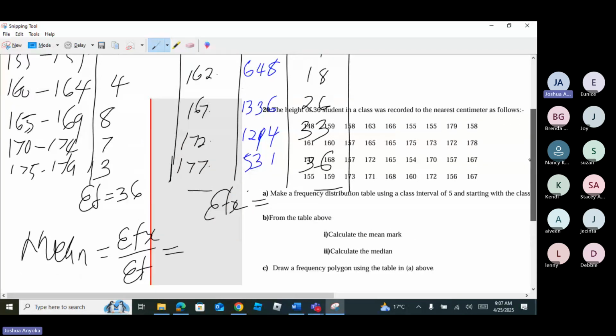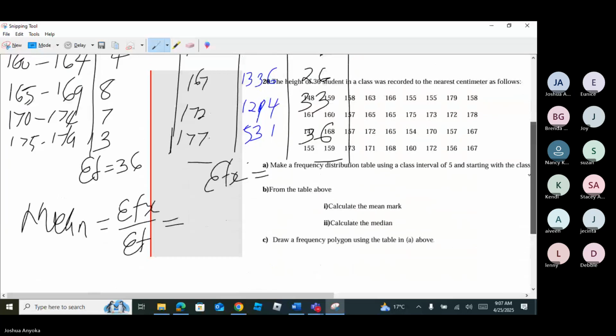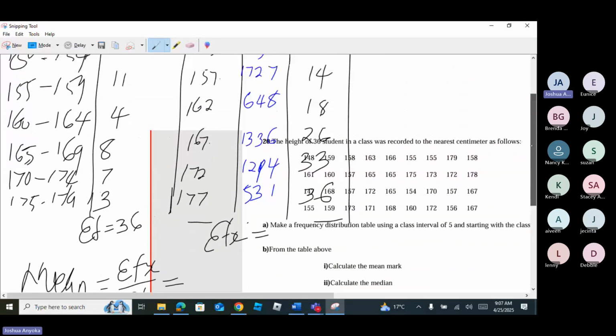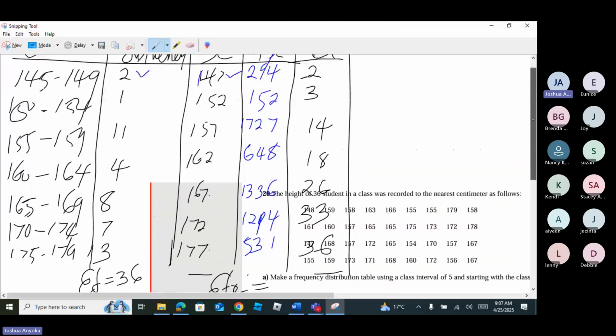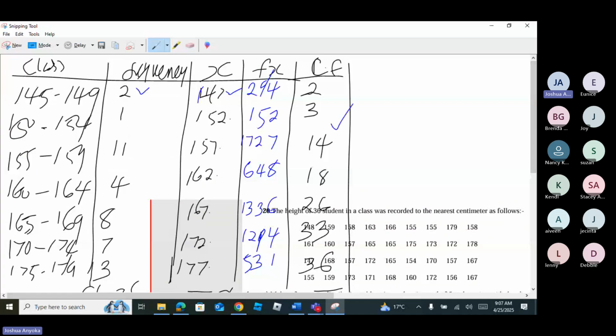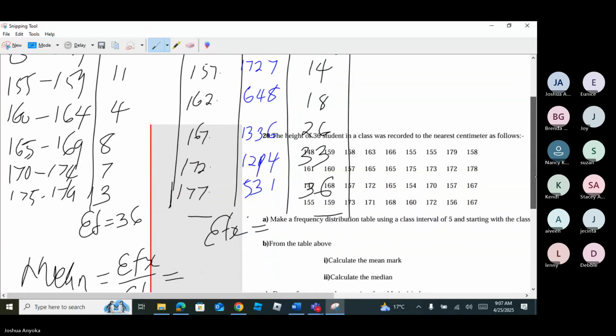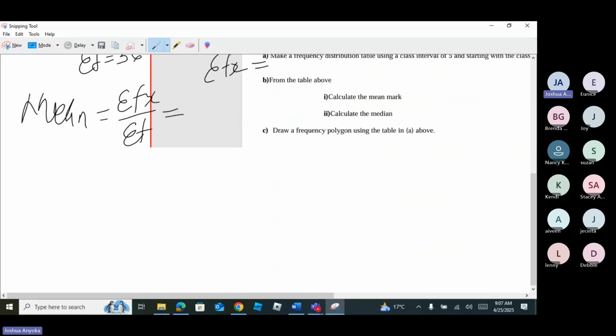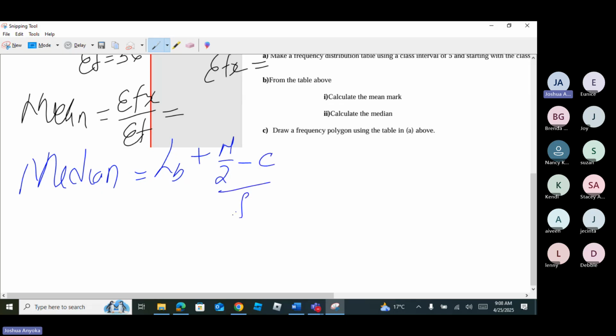We want also to calculate the median. For the median, we said we need the cumulative frequency column first. And then we state the formula for the median. Median is equal to the lower class boundary of the median class plus n over 2 minus c over f, times the interval.